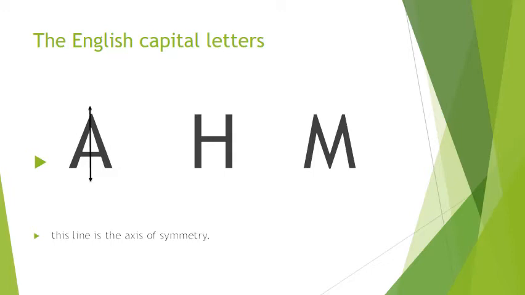Now your letter A has one axis of symmetry, whereas the letter H has two axes of symmetry. M has one axis of symmetry.